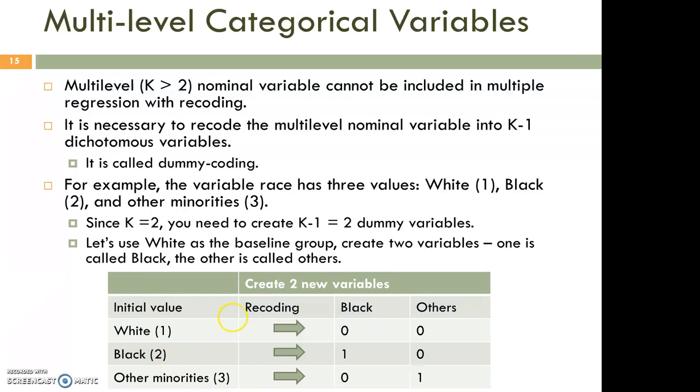So I'm going to create 2 more variables. One is for black. So for faculty who are African American, they will have 1 for the variable that's black. And the other variable is for other racial minorities. So only those who are other racial minority will have a value of 1 in this variable.